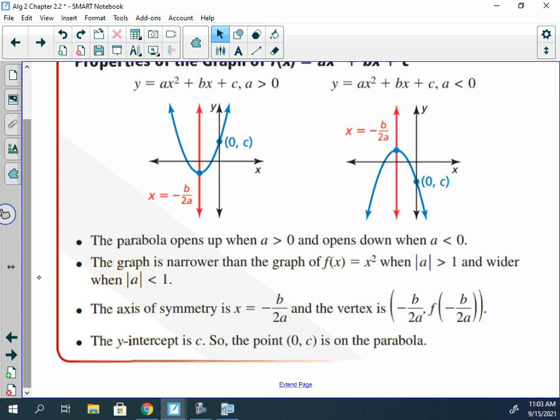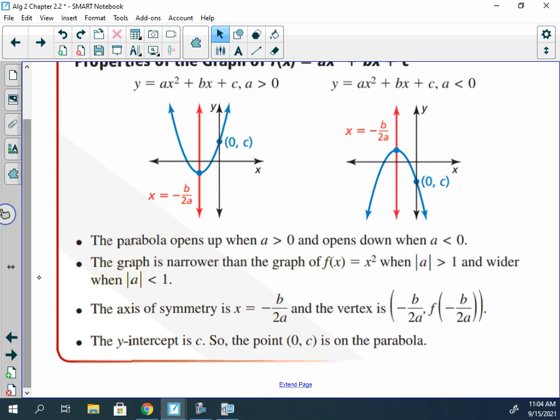whenever a is greater than 0, it opens up. When a is less than 0, it opens down. So it's either going to open up or open down. The graph narrows when the absolute value of a is greater than 1 and widens when a is less than 1.